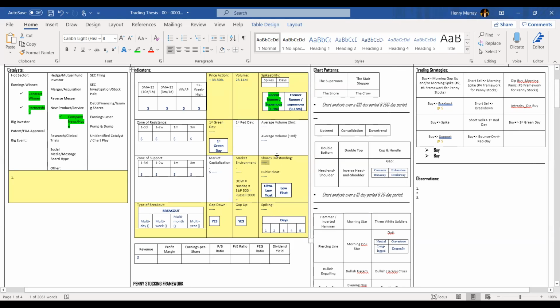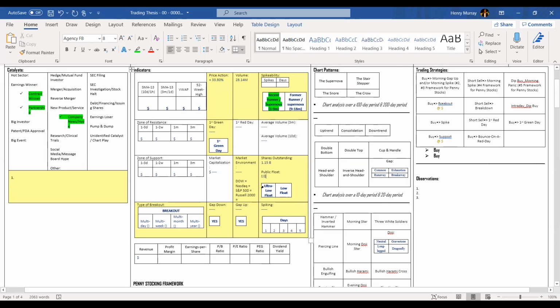Outstanding shares, 1.15 billion. And the float, which is the amount of tradable shares, is 1.1 billion.